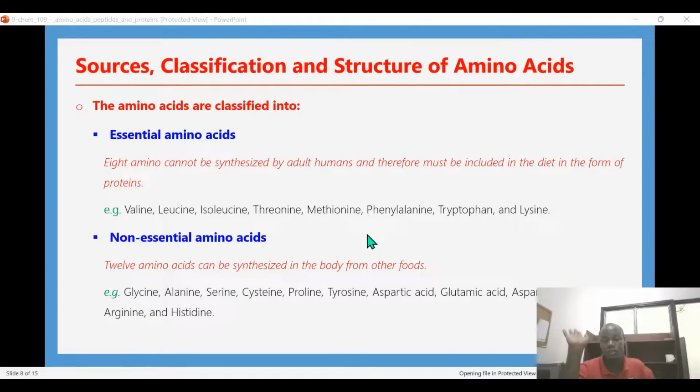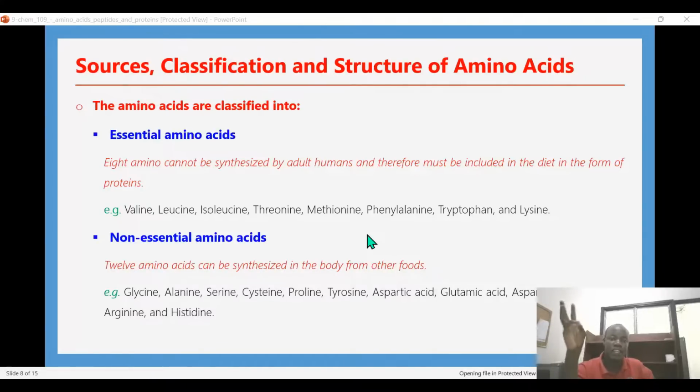We have 20 of them that are found in proteins. Out of these 20, they are classified into two: essential and non-essential. Non-essential amino acids are 12 and essential are 8.